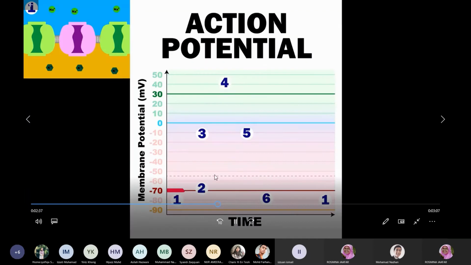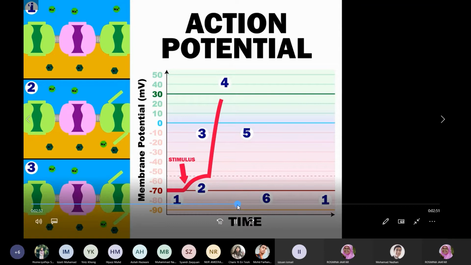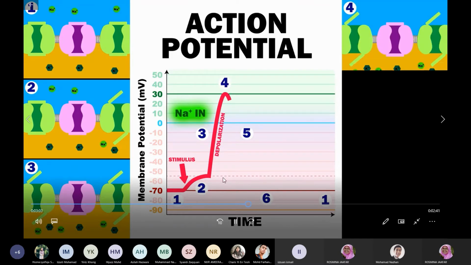Okay, so the action potential is actually a graded potential, where this part is the stimulus, and the part that rises above the threshold is the depolarization.